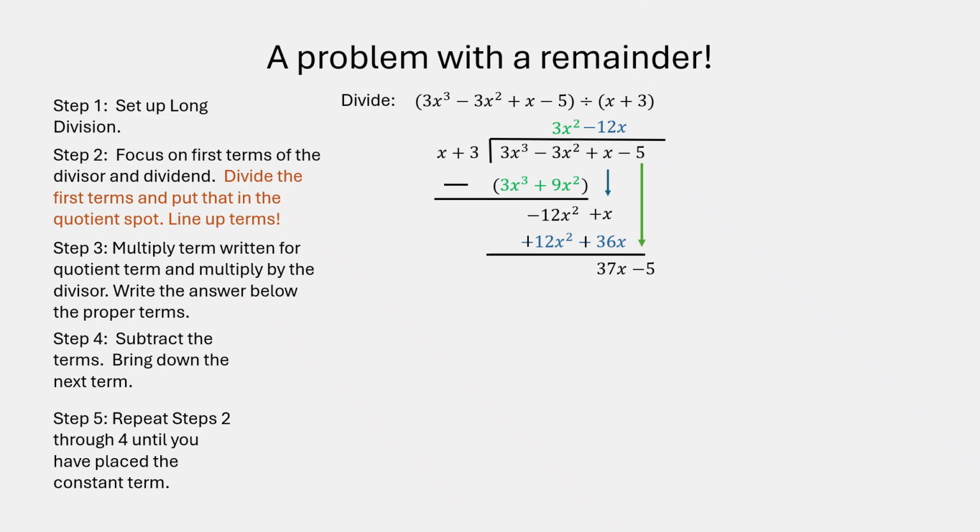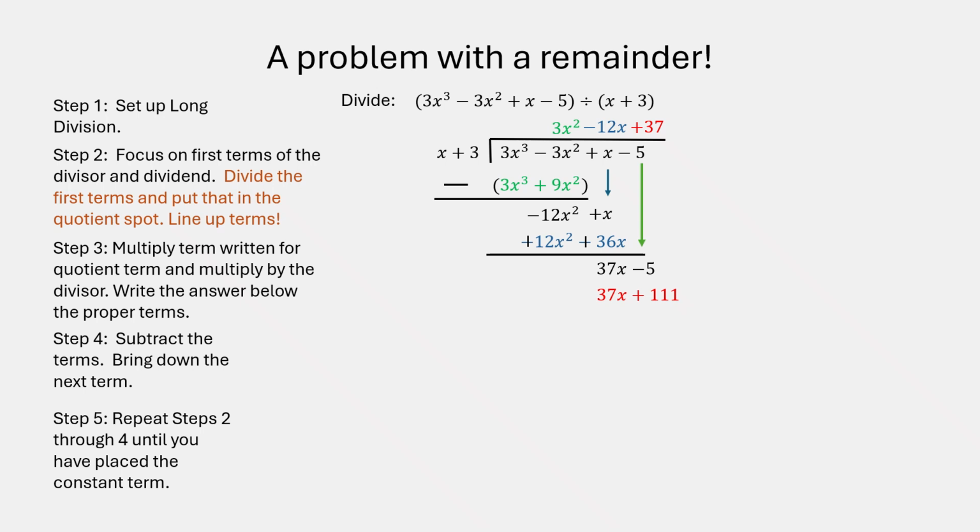So that's what we need, plus 37, because it's positive. So now do your multiplication. 37 times x is 37x. 37 times 3 is 111.